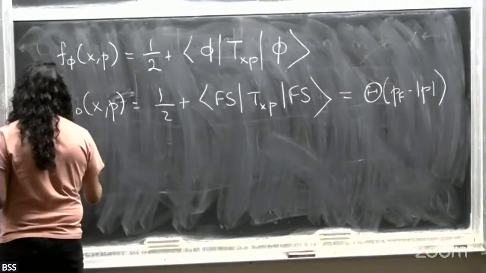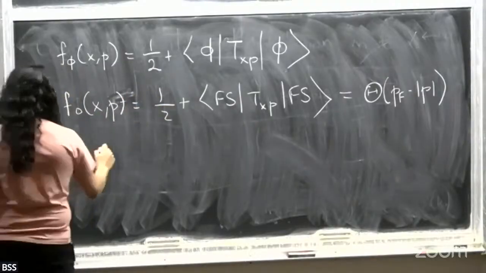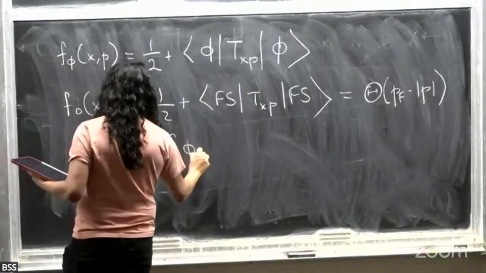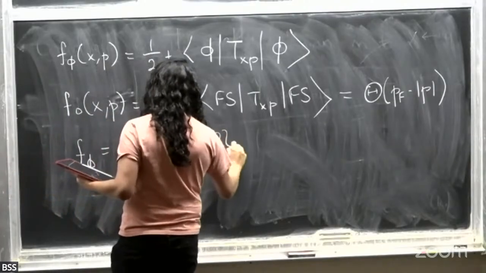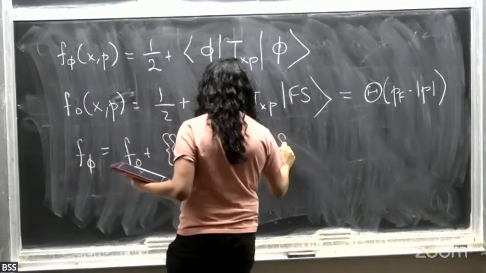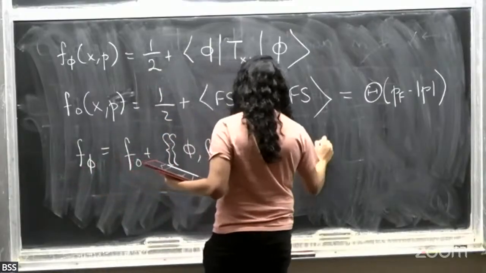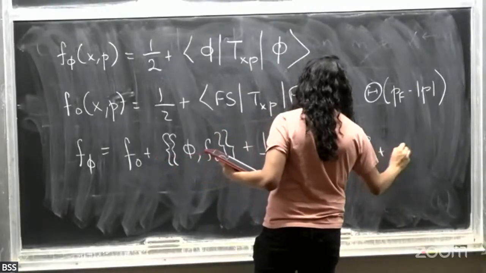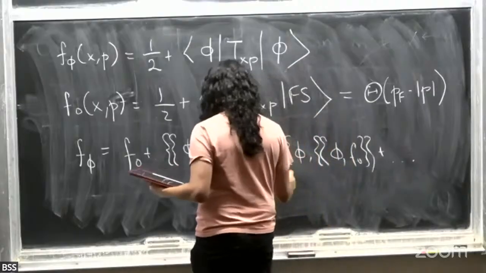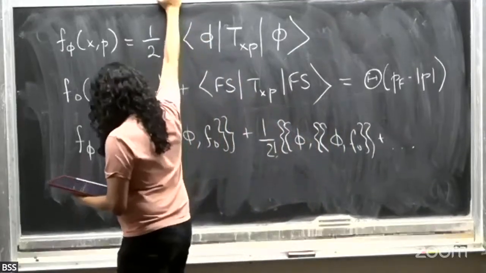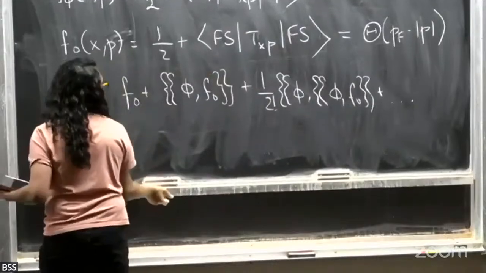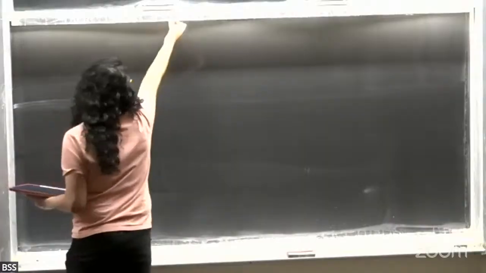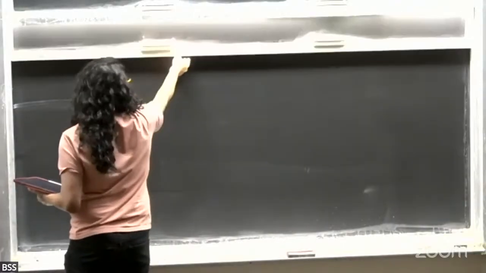And then f_φ then takes, upon expanding this, an infinite series form in terms of nested Moyal brackets. I'm putting a factorial explicitly here just so that y'all can see what the other terms will be like. So the three-bracket term will be 1/3 factorial and so on and so forth.